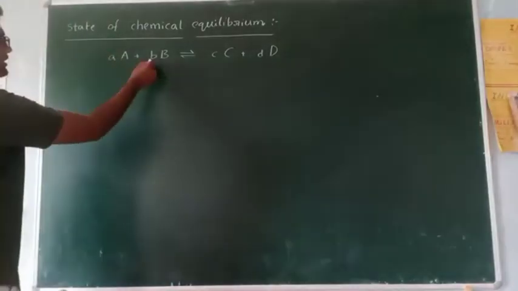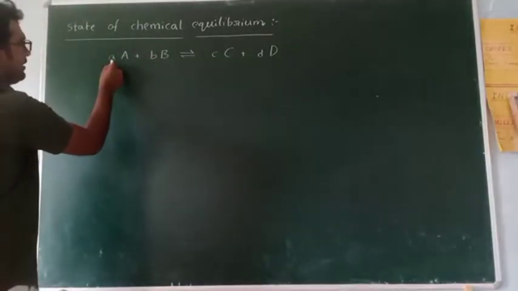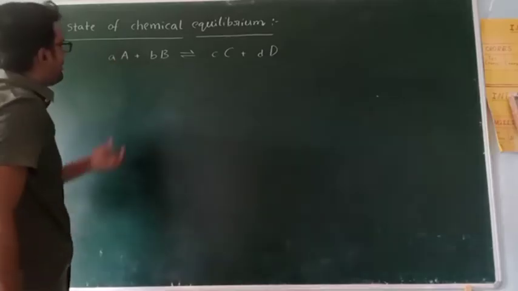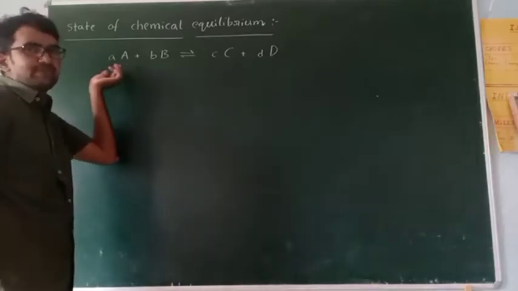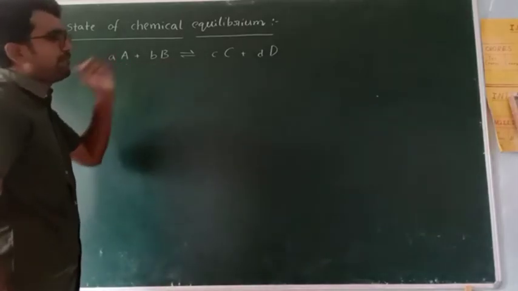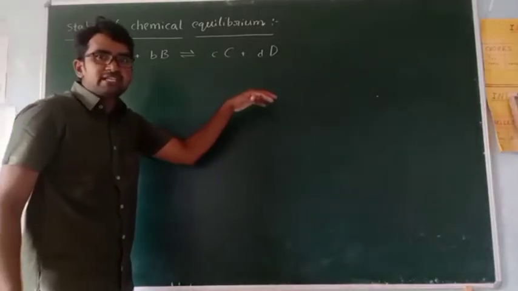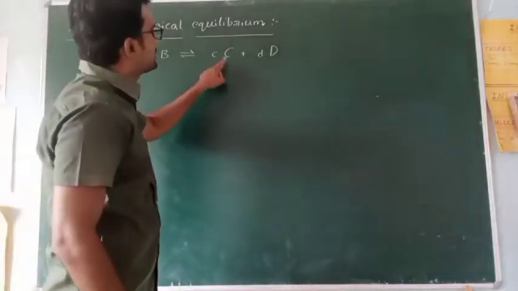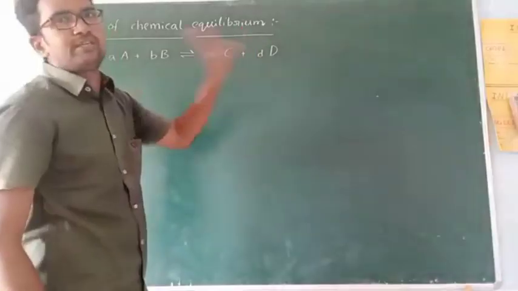The small a and small b indicate the number of moles of A and B taken in this reaction, and then c moles of C and d moles of D are formed.